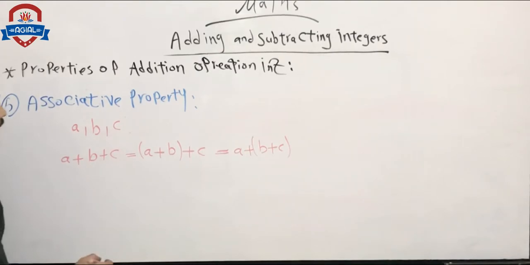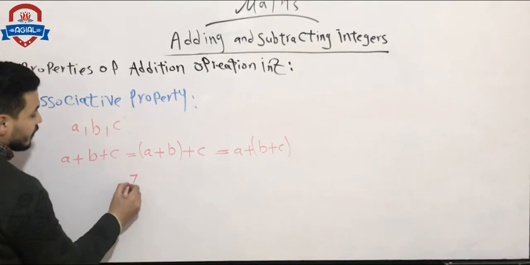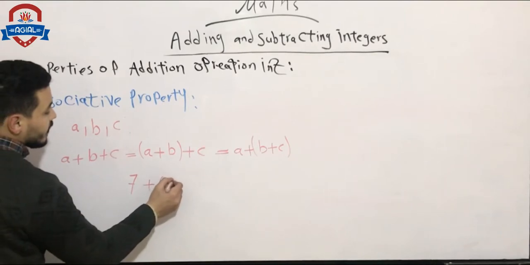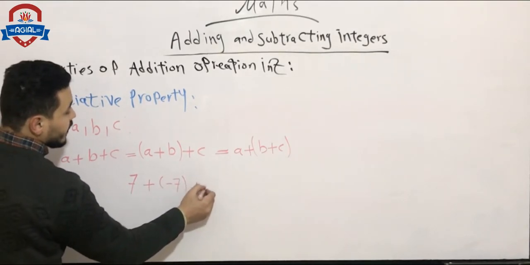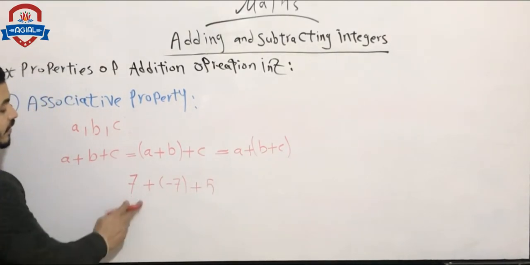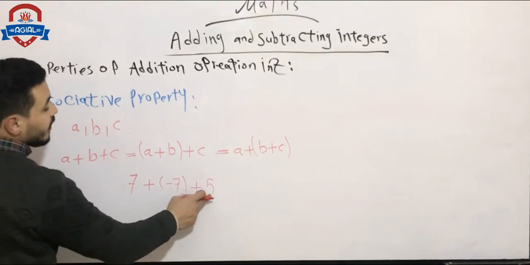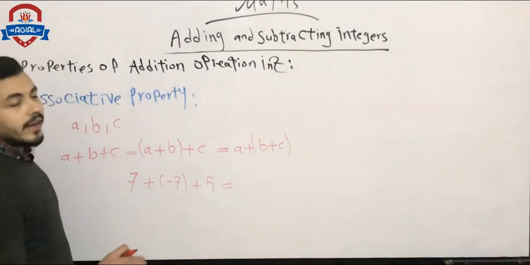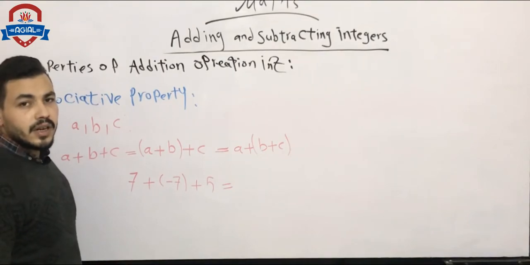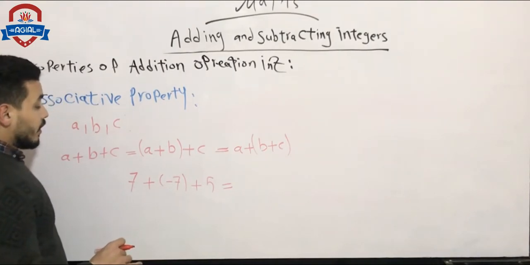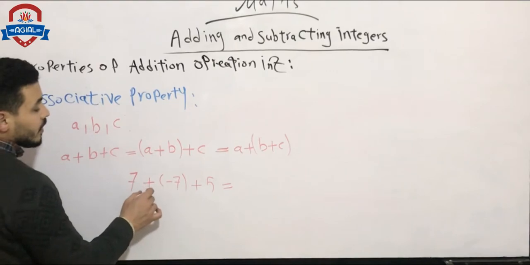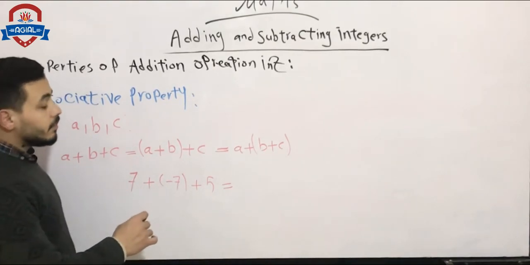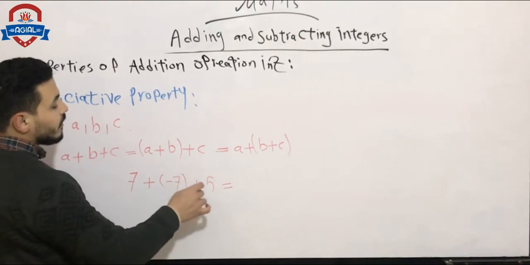For example, if we need to add 7 plus negative 7 plus 5, we can add any 2 integer numbers first. For example, we can add 7 plus negative 7 and then add the sum to 5.